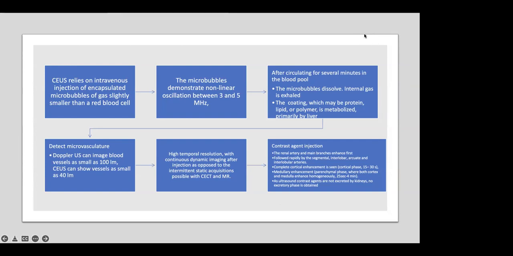It has been observed that contrast-enhanced ultrasound, as you have already described, can see vessels of 40 microns, and the best thing is that the sensitivity, so far, is very promising.